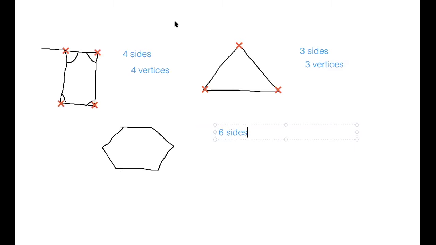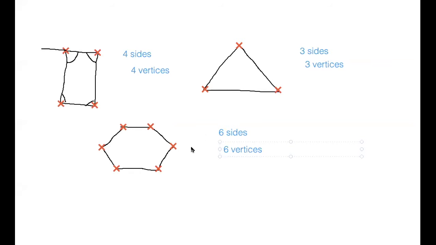Now, how many vertices are there? We'll say 1, because 2 sides meet there. This side and this side meet here. 2, 3, 4, 5, 6. Yeah, so we can say there are 6 vertices.